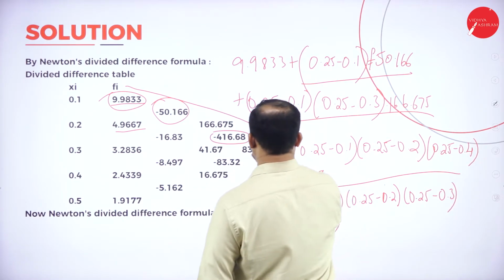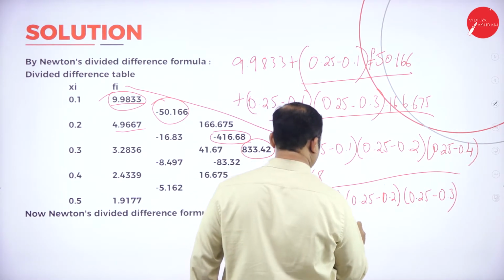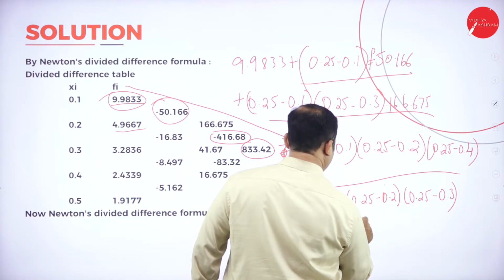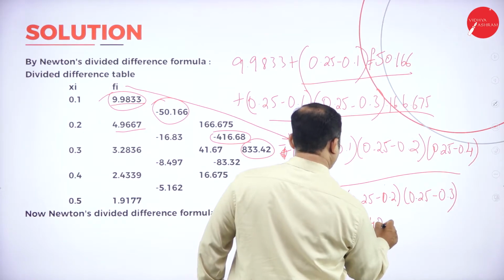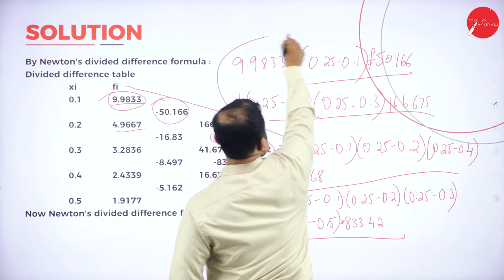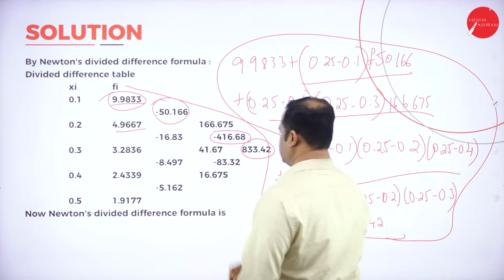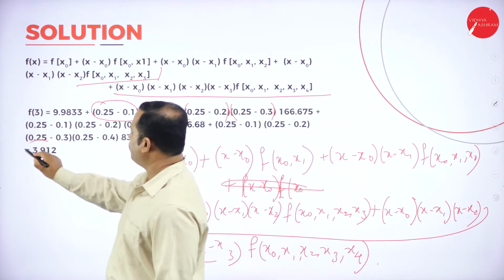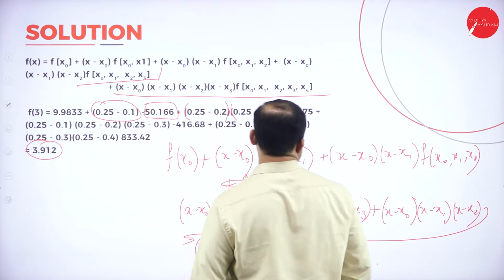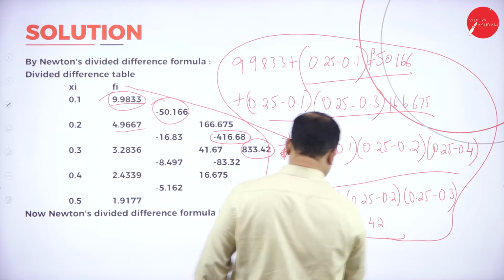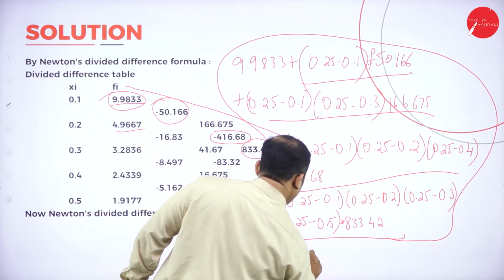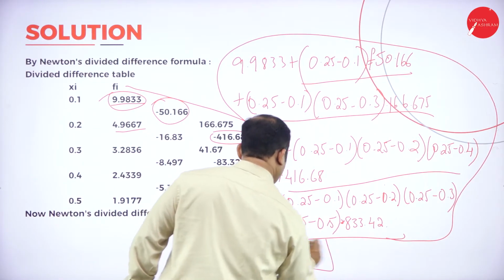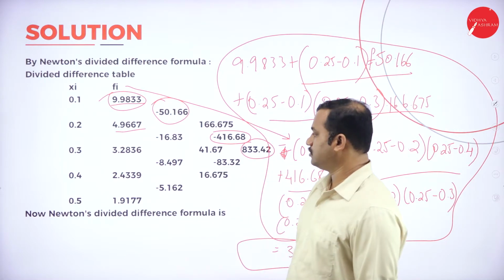Then we have the terms like this, 833.42. If I simplify all of these terms, this equation, I will get the value which is equal to 3.912. That is by Newton's divided difference method.